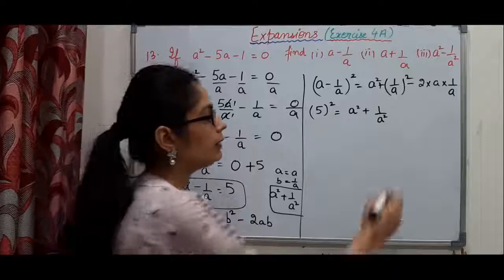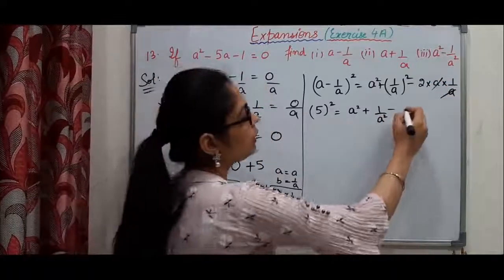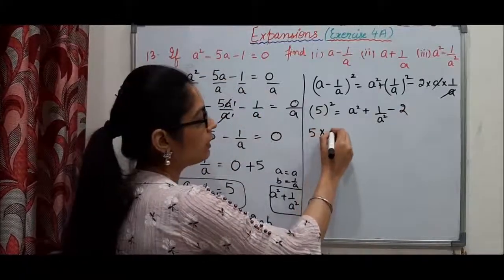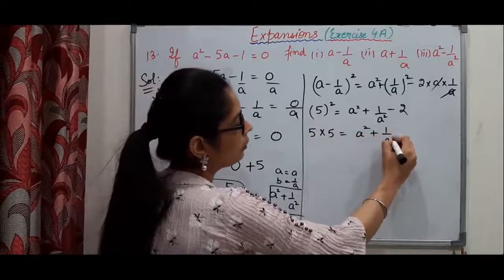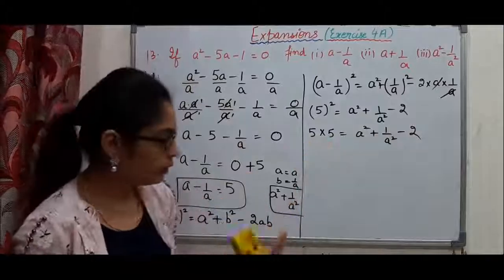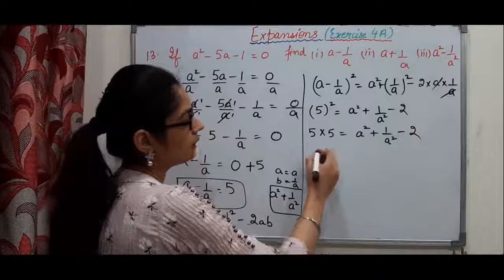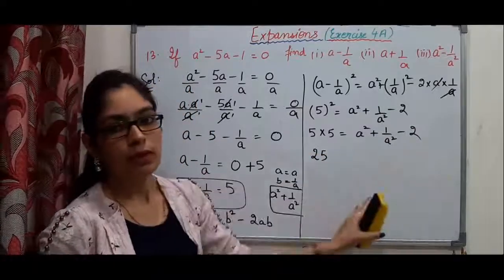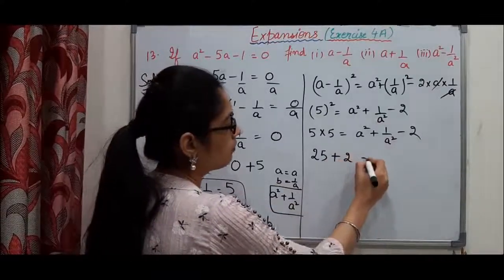By a square, I will write this a, and this a will get cancelled, and 2 into 1 is 2. 5 square is 5 into 5, equal to a square plus 1 by a square minus 2. We need this, so this 2 will shift to the other side. 5 into 5 is 25. When I shift this 2 to the other side, this minus 2 will change to plus 2.